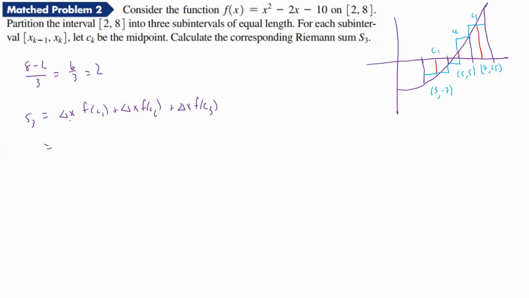Our delta x is going to be 2. f of C1, well, that was -7, plus the 2 times f of C2, that was 5, plus the 2 times, in this case, that was 25. So it's -14 plus 10, so that's going to be -4, and then plus 50, so that's going to be 46. Okay, so that's what S3 is equal to.